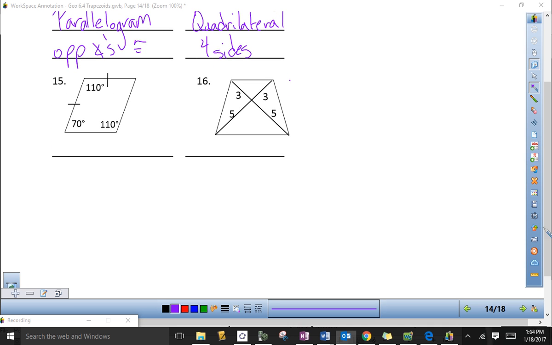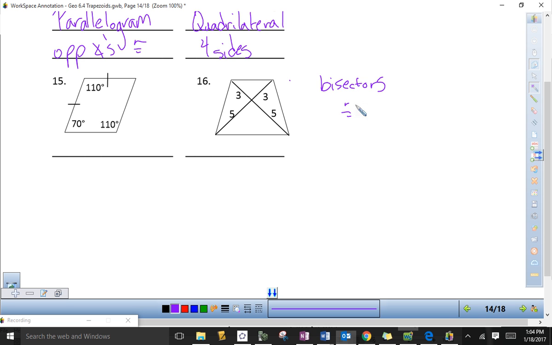Okay, 15 was the same as number 7, I think, so we don't need to do that. Okay, let's talk about the diagonals going on for number 16. Okay, we're checking 3 things again. Are they bisectors? Are they congruent? Or are they perpendicular? Okay, I could get rid of perpendicular because I don't see anything marked. Congruent means the whole length is the same. Well, that's 8, and the other one's 8, so yes, they are congruent. Now, are they bisectors?